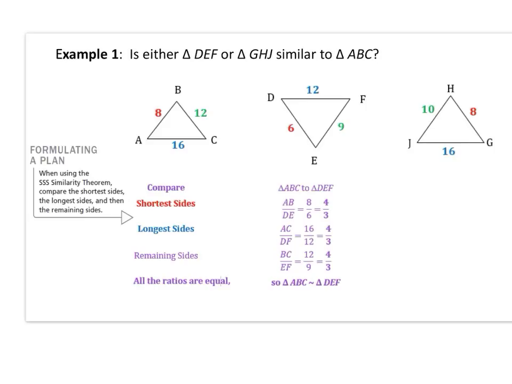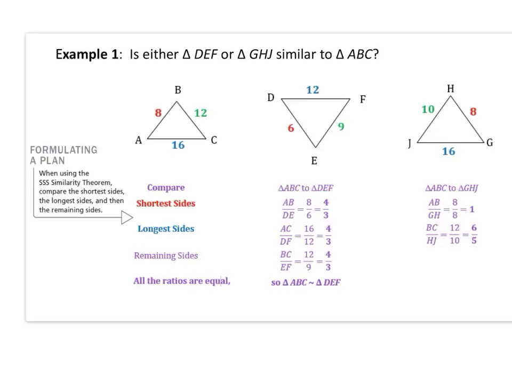All right, next let's compare triangle ABC to triangle GHJ. So I start with my shortest sides, so that's 8 and 8, and that reduces to 1. Then when I compare my longest sides, I have a 6:5 ratio when it's simplified. So that means I can conclude that these two triangles are not similar.